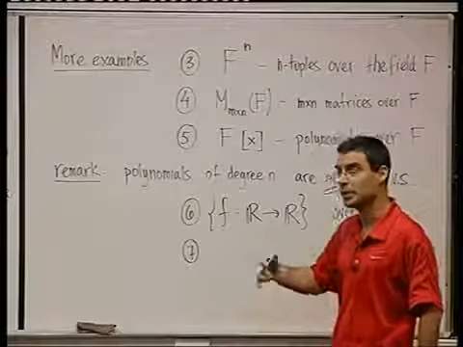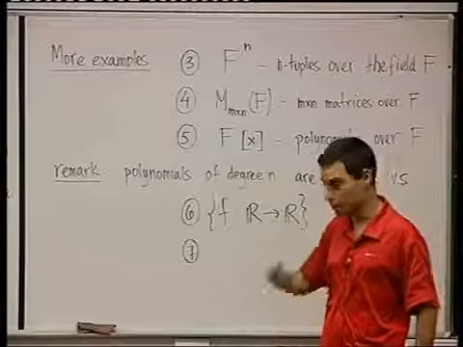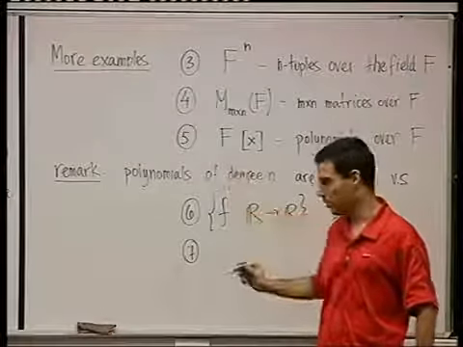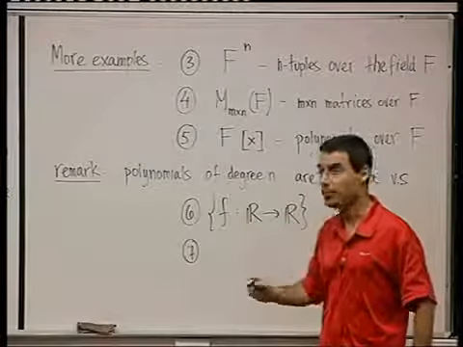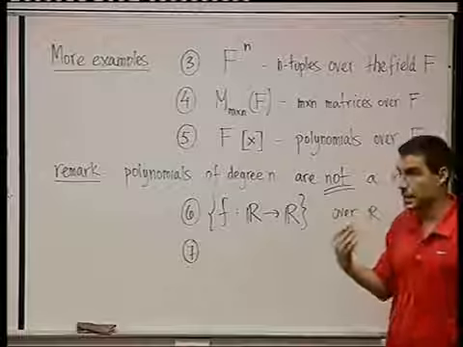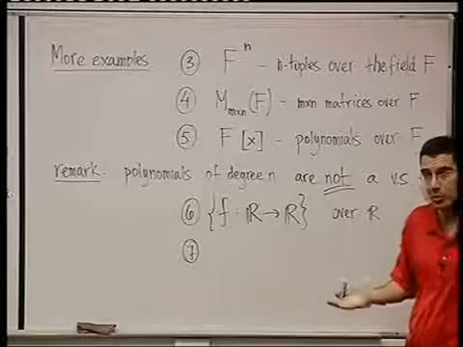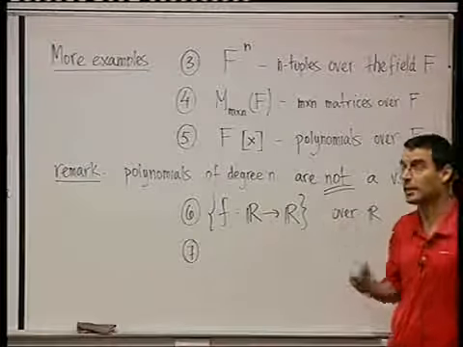Intuitively, continuous functions are functions that you can draw without lifting the pen off the board, or the pencil off the paper, or the marker off the air. No, that doesn't compile. So that's a continuous function. Continuous functions are also a vector space. You add two continuous functions, you get a continuous function. That's something that intuitively makes sense. It, of course, requires proof, and those proofs are in calculus.